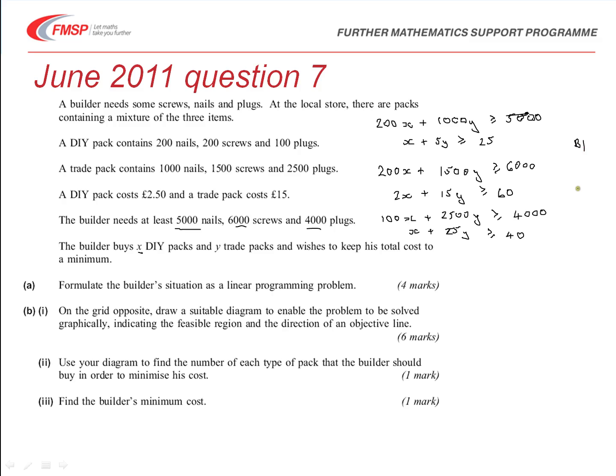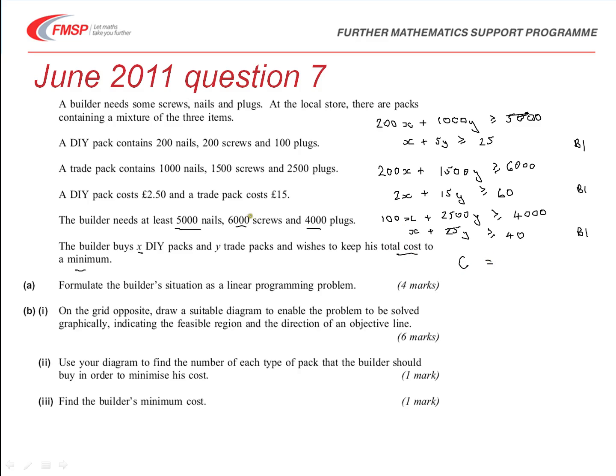But that doesn't completely formulate the problem yet, because the other thing we need is the fact that he's trying to minimize the total cost. So we need a formula for the cost.